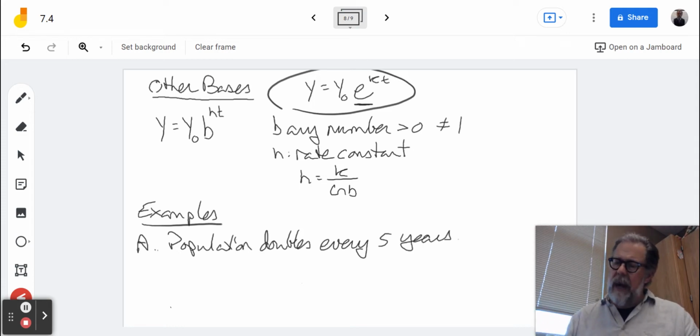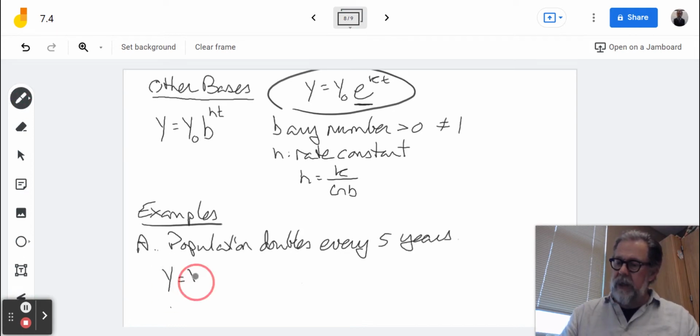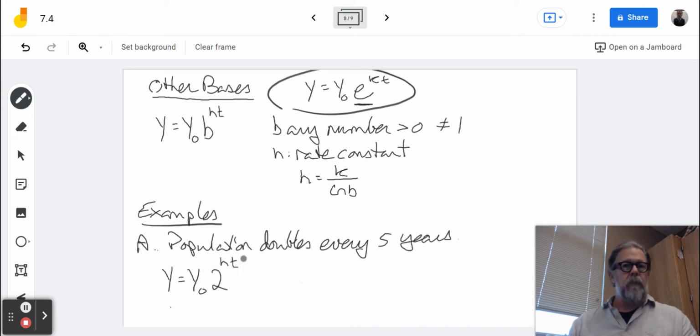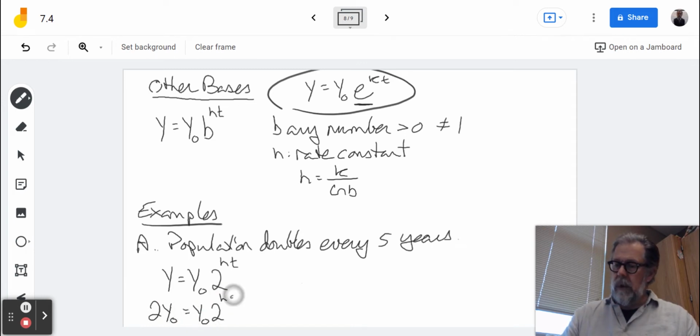So let's look at a population that doubles every 5 years. Well, if we are doubling every 5 years, it makes sense to me that our multiplier would be 2. Now, since it doubles every 5 years, we also know that the population will be twice the original when t is equal to 5.